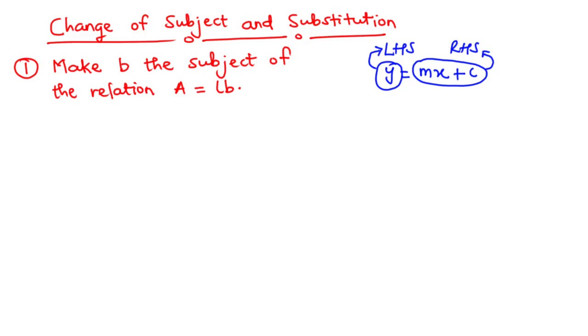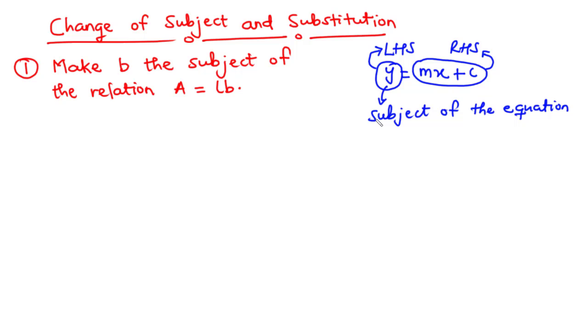So long as we have an equation where one variable is standing alone on one side of the equation, then we say that that variable, in this case y, is said to be the subject of the equation, or the relation, or better still the formula.